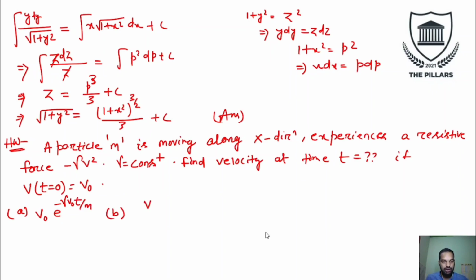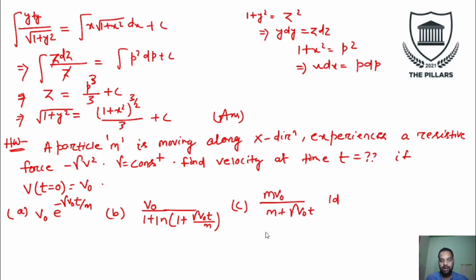Second one is v naught times 1 plus log of 1 plus gamma v naught t by m. Third option is m v naught m by gamma v naught t, and last one is 2 v naught over 1 plus e raised to gamma v naught t by m.